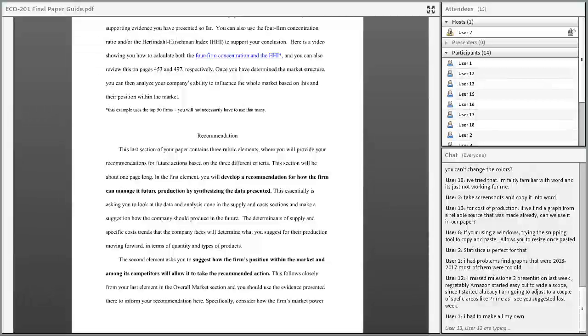Kenny, Amazon started easy, but why isn't it such? Yeah, Amazon is not a good company to research. I've already sent a note to the instructors that students should be discouraged from researching Amazon because it's too wide.